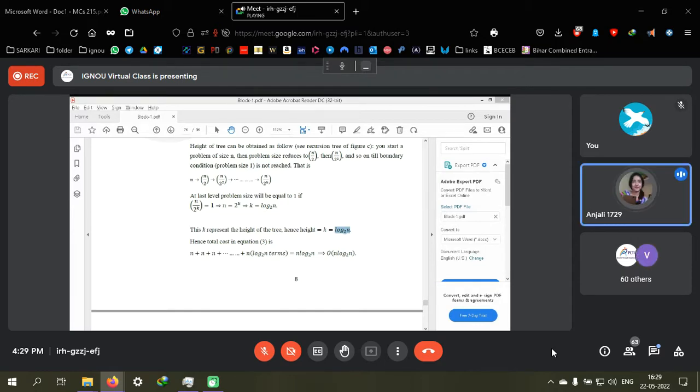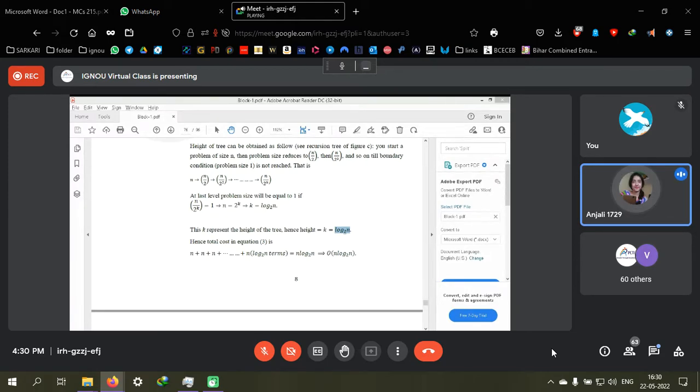Ma'am, how did we calculate the cost? The height was log n, then how is the cost n log n? Anjali, can you speak louder because I'm not able to understand; your voice is not clear to me. Okay, I was saying, how did we get the cost equation? The height was log n. How did we calculate the cost?